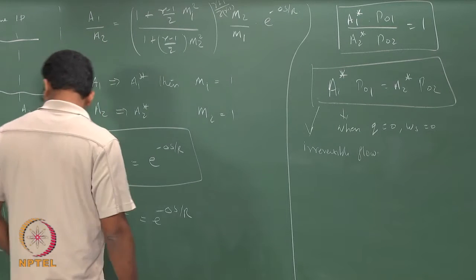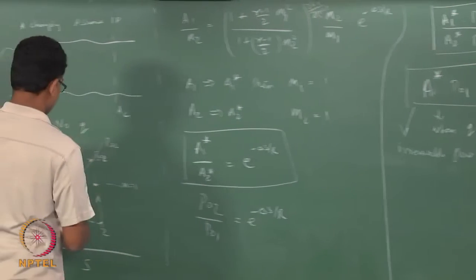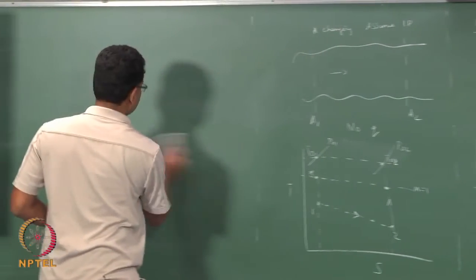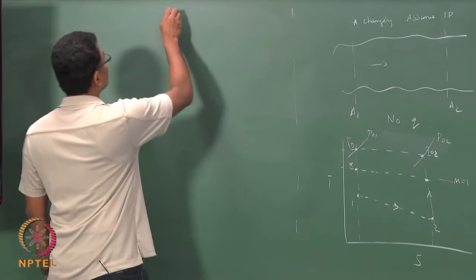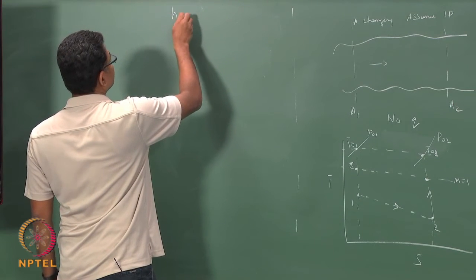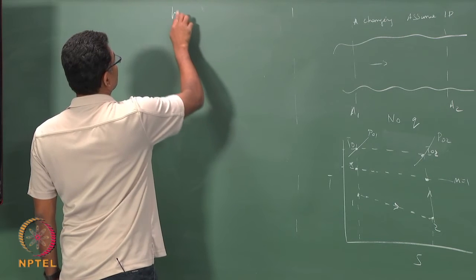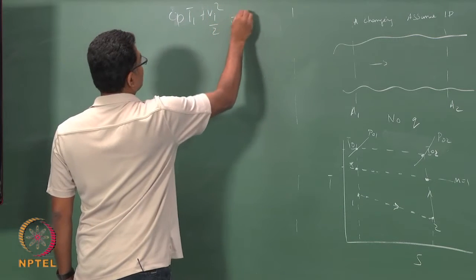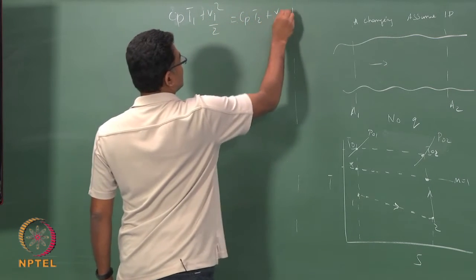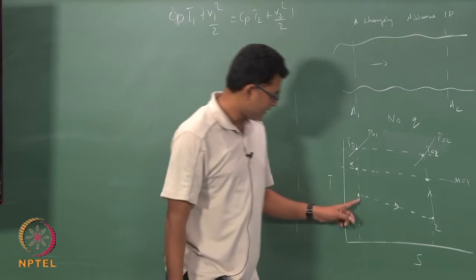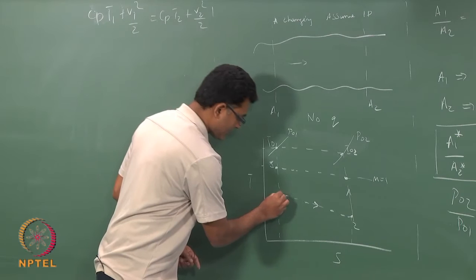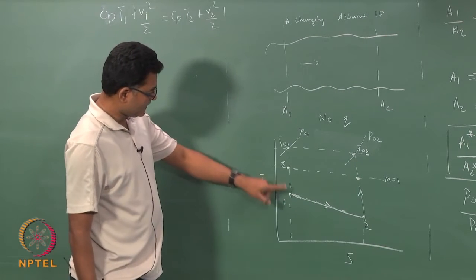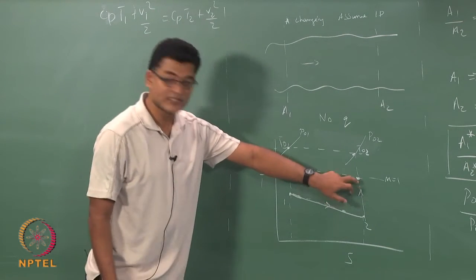Okay. Now, moving further, I have the energy equation between point 1 and 2. Now, associated with 1 there is a star value, associated with 2 there is a star value.